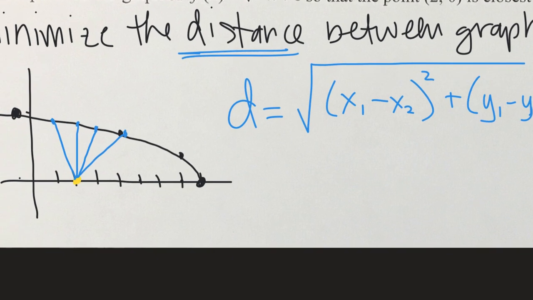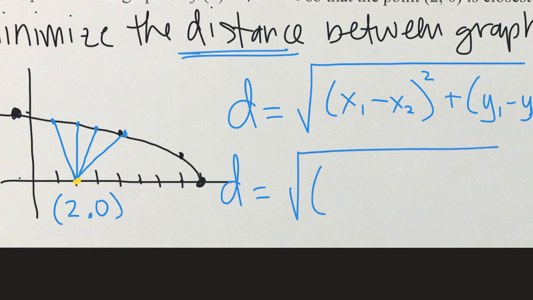One of these points, (x1, y1), is going to be our (2, 0). That's our fixed one. That's not going to change. The other one is going to change. So let's see, what do we know? We know that x1 is 2, and we don't know x2.